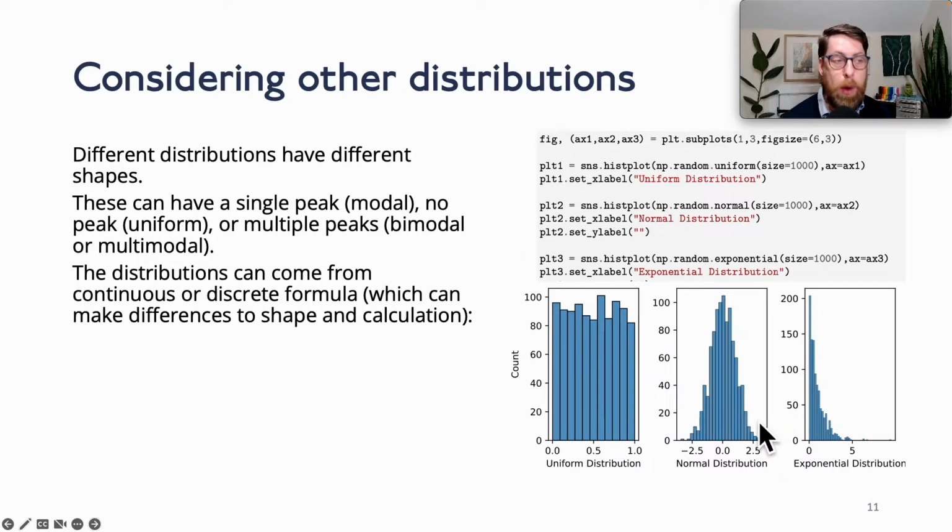Sometimes we can have bimodal distributions where there might be multiple peaks going on. It's also worth noting that our distributions can come from continuous or discrete generators. An exponential generator here is a continuous generator. But you can do something like a Poisson distribution, which is a distribution of repeated odds of something happening, and because it's repeated odds, it's count data.